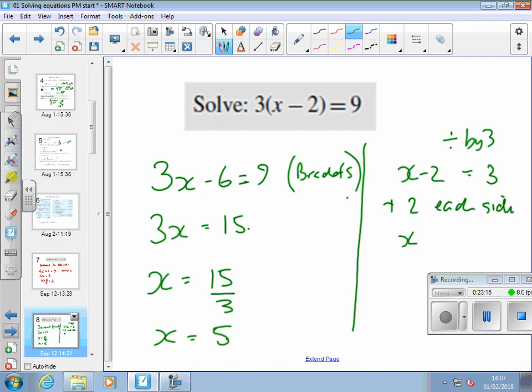So x is equal to 5. In notational terms, if you're writing down every operation, that one's slightly quicker. But if you were given that easier question in the exam, which I'm going to show you won't be, then either of those two answers would get equal marks. Alright?